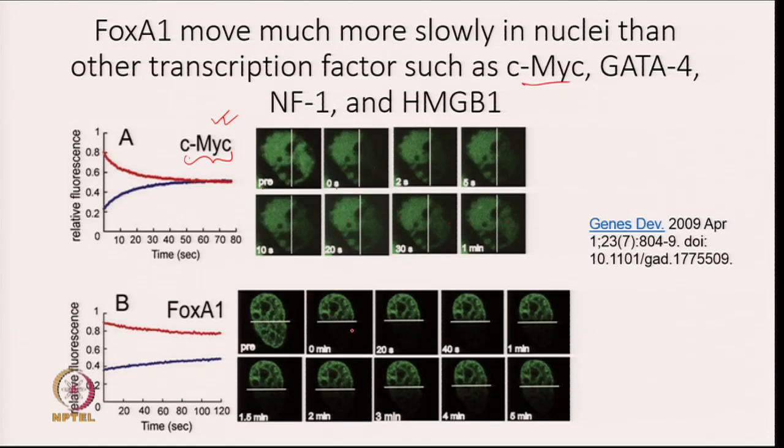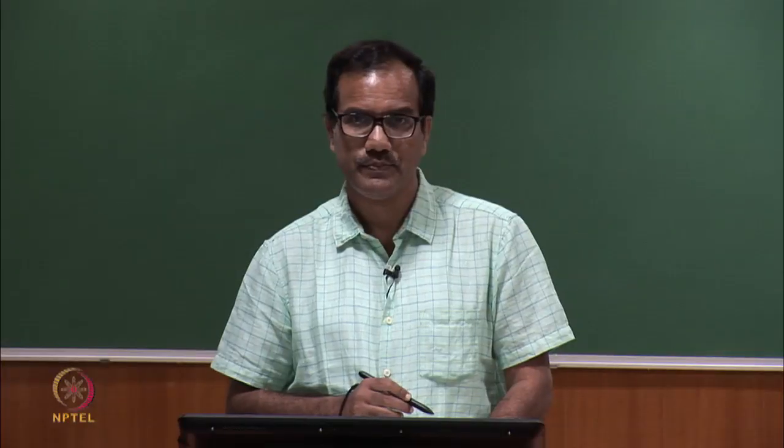This half part is bleached at 0 minutes, and now 20 seconds, 40 seconds, 1 minute, 1.5, 2, 3 minutes, 4 minutes, 5 minutes. You can see that in this we started looking at the recovered color at 20 seconds, whereas till 4 minutes you are not seeing anything for FOXA1.